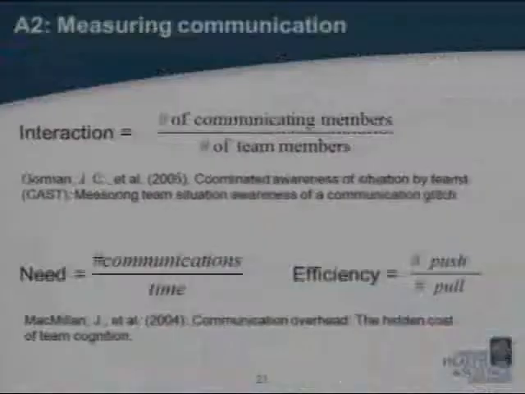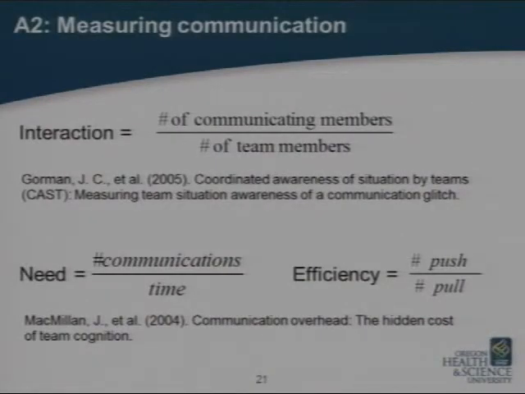Now, communication has actually been measured in a variety of different ways. One way is to simply take the raw count of communication. Other ways have been to look at the rate of communication, which is the number of communications over time.